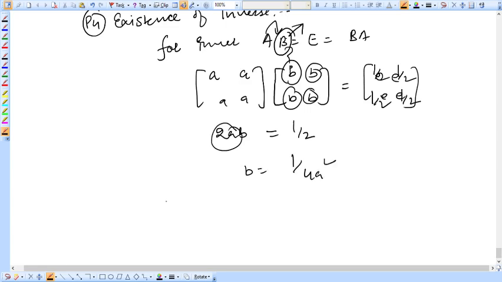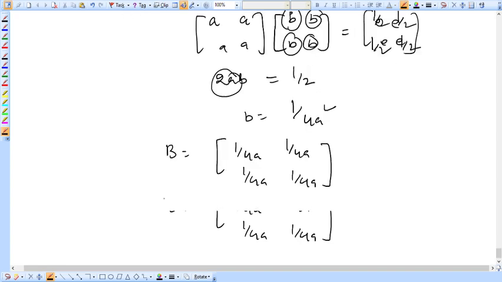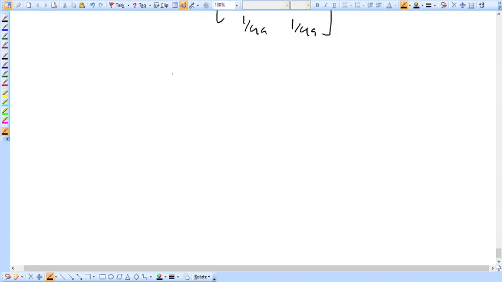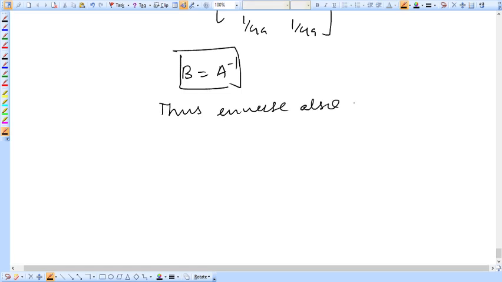So therefore B is equal to 1 over 4A in every entry, right? Thus this B is the inverse of A. Thus inverse also exists.